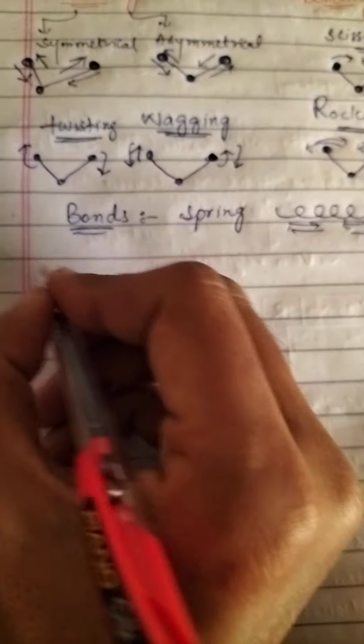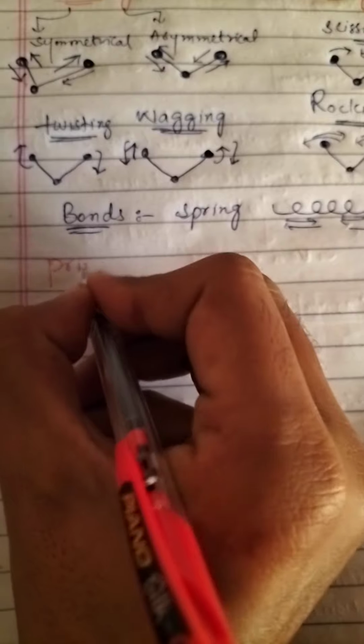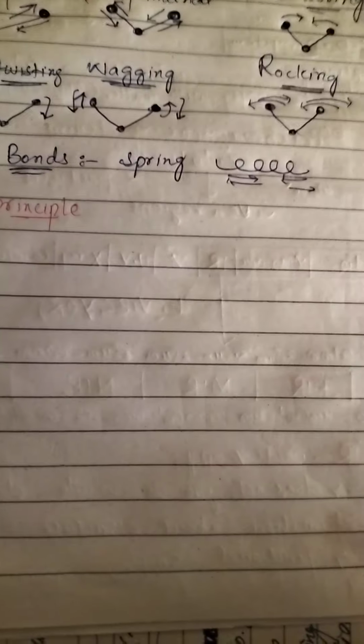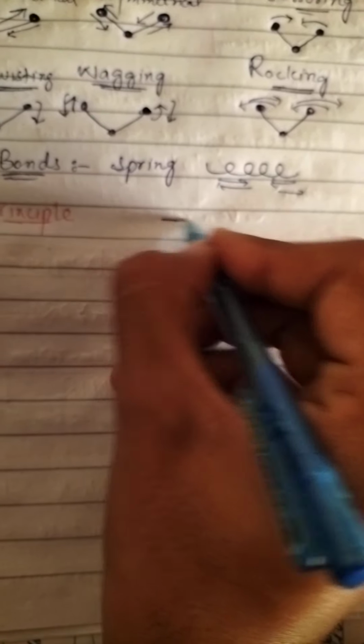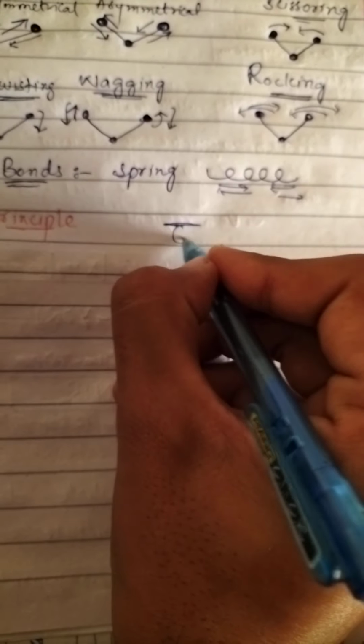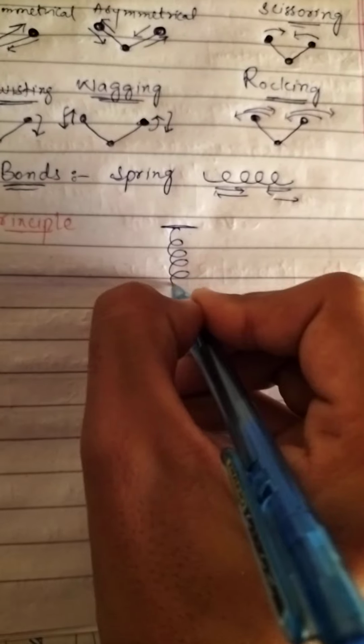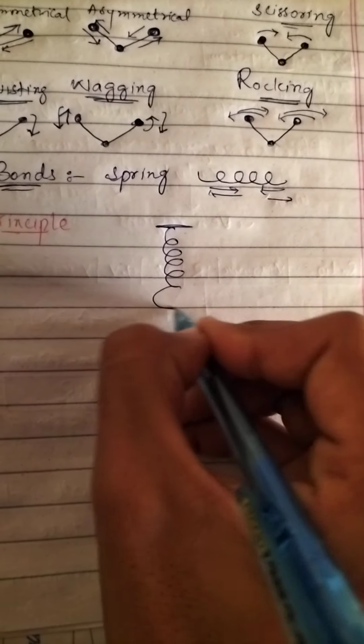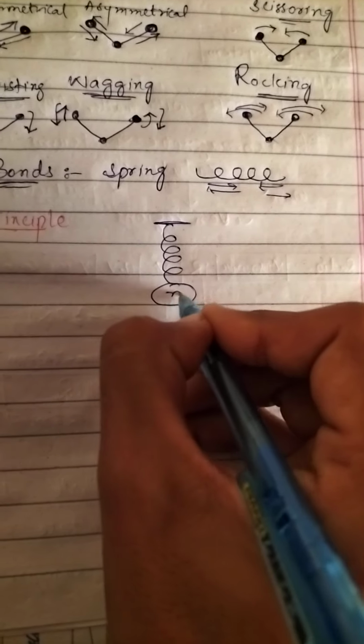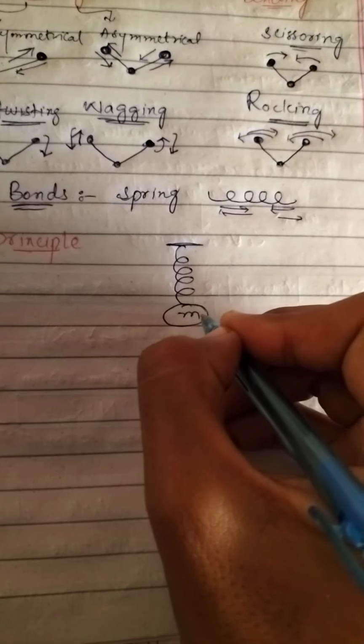Now, what is the principle of IR spectroscopy? Consider there is an atom which is attached with a spring, and this atom may have a mass of m1.